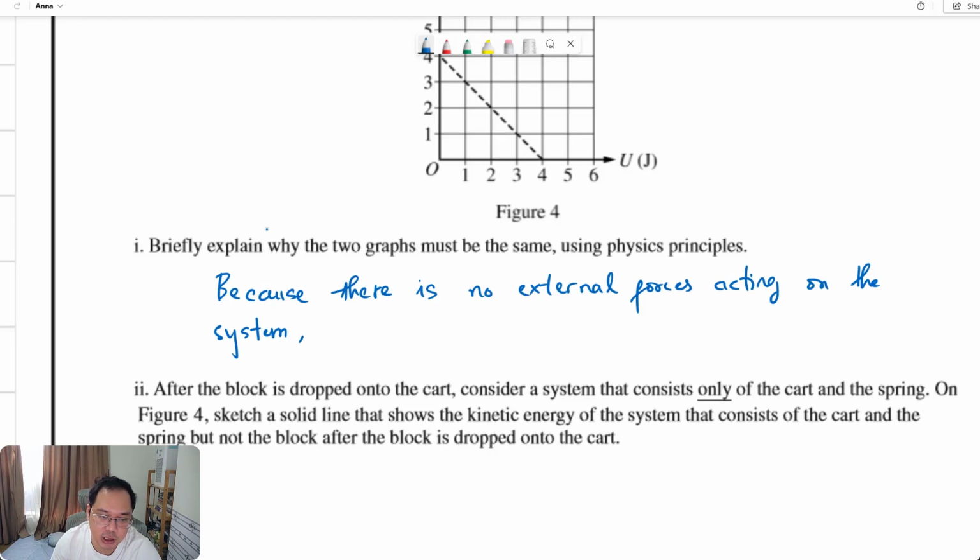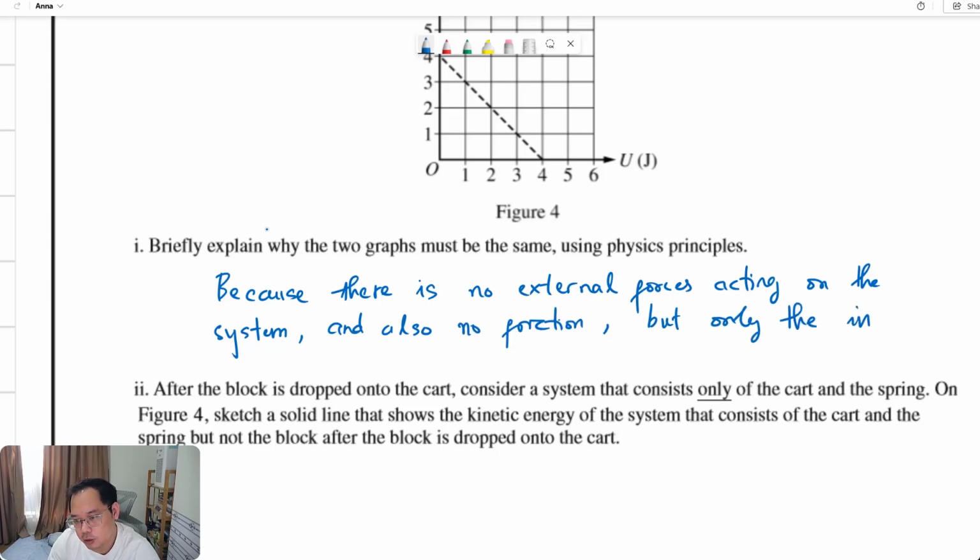No friction, and also no friction. Of course, friction is considered to be an external force, but there are only the internal forces of the interaction between the block and the cart when they collide, and therefore the total energy of the system, the mechanical energy, is constant.